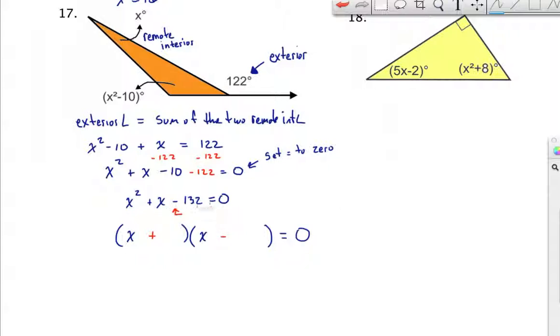So we need to find what are the factors of negative 132 that add up to give me what? It'd be 11. And 11 something, I think. You want to try 11 and what? 12. So positive 12 and negative 11? Can you multiply those together? Does that give us negative 132?